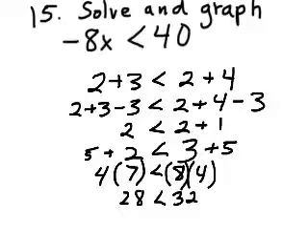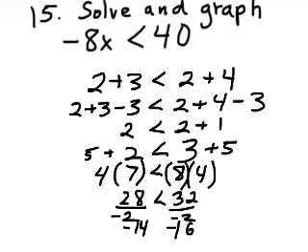But what if I'm going to divide both sides by negative 2? Then on the left side, I'm going to get 28 divided by negative 2 is a negative 14. On the right side, 32 divided by negative 2 is a negative 16. Now, negative 14 is not less than negative 16. So this should indicate to you that if we divide or multiply by a negative number, it suddenly changes the sign.